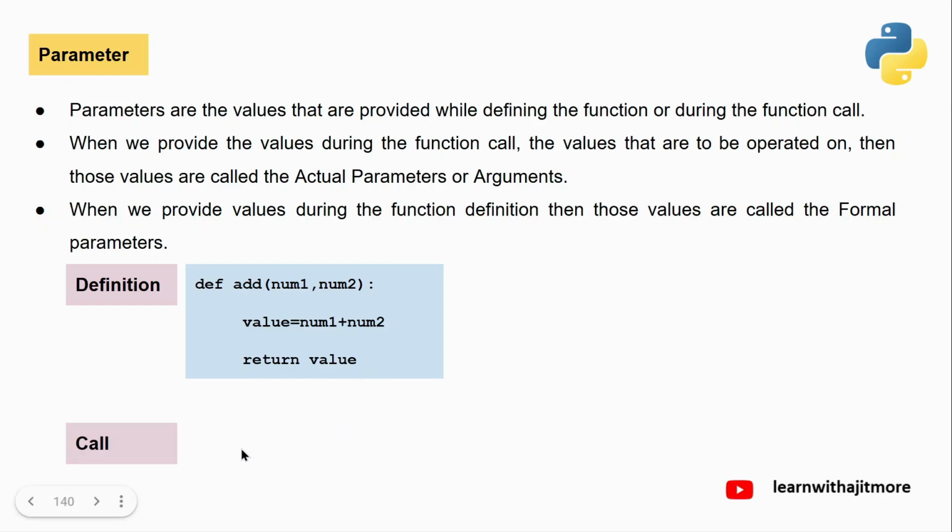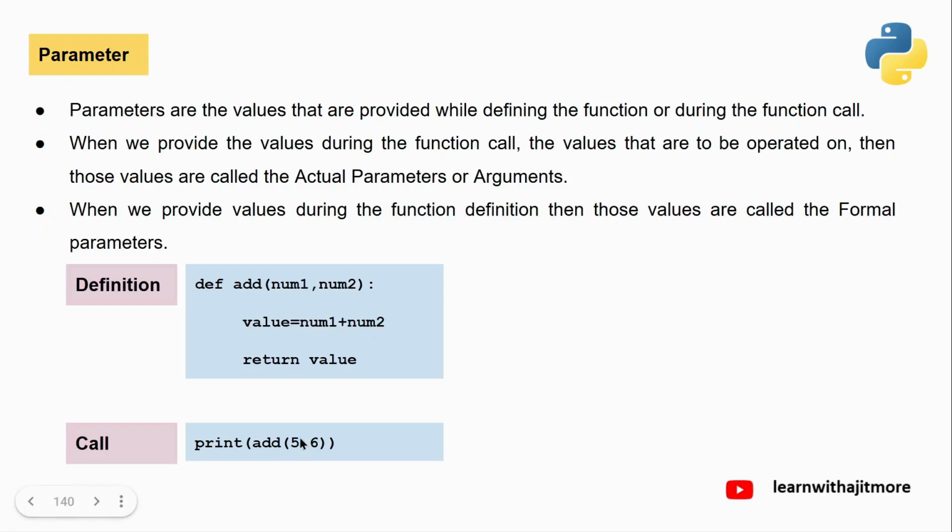ठीक है, and now I am calling that function. देखो मैंने कॉल किया ऐड, and I am passing 5 and 6. So when you're calling, that time what you pass, they are called as actual. See, when we provide the values during function call, these values will be passed here, and on that the operation will take place. देखो ये 5 किस में आएगा, num1, 6 किस में आएगा, num2.